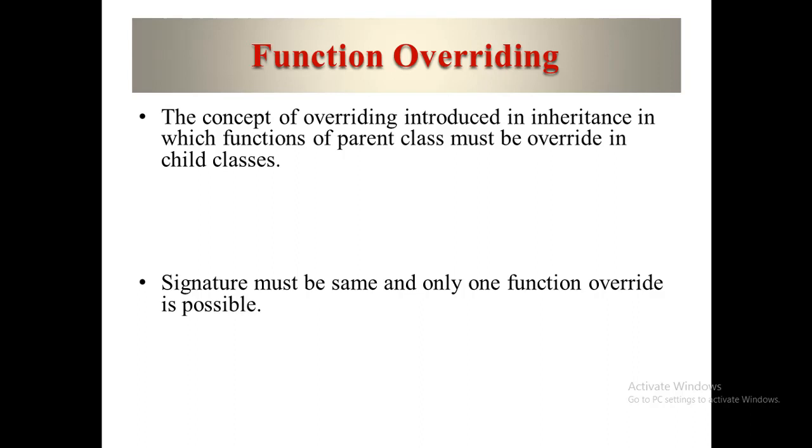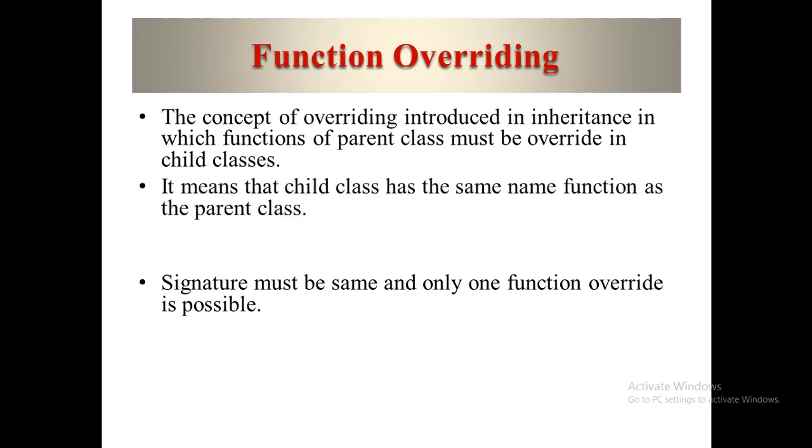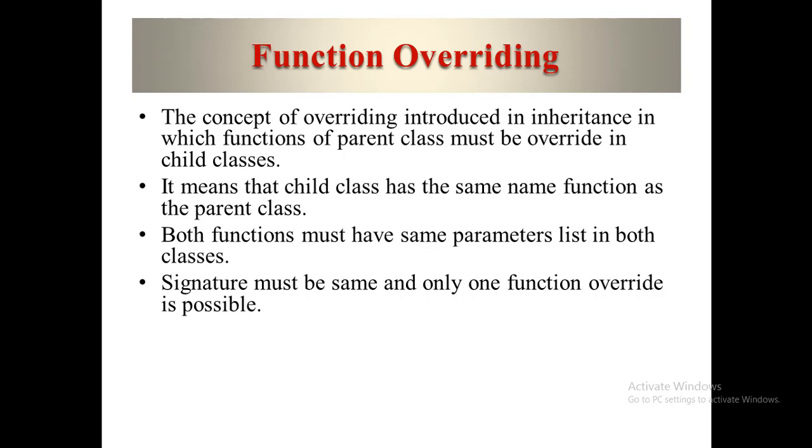It means the child class must mention the same function of the parent class in its own class. So the parent and child class must have the same function. The child class has the same name function as the parent class. Both functions must have the same parameter list in both classes.